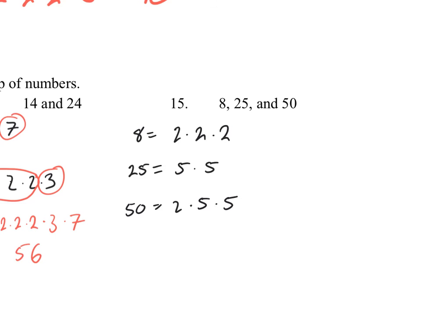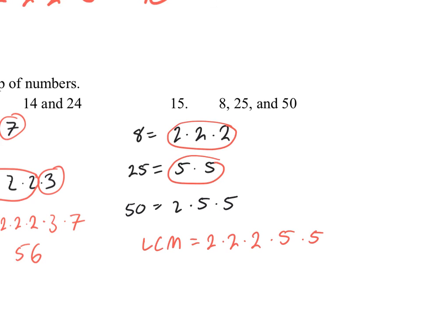So 2's, the most 2's are up here. 5, they're the same for the prime factors of 25 and 50, so it doesn't really matter which one we pick, but remember, we can only pick a grouping from one prime factorization. We can't take both sets. So our least common multiple will be 2 times 2 times 2 times 5, which is 200.